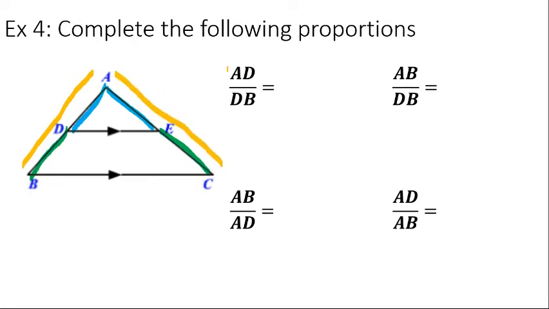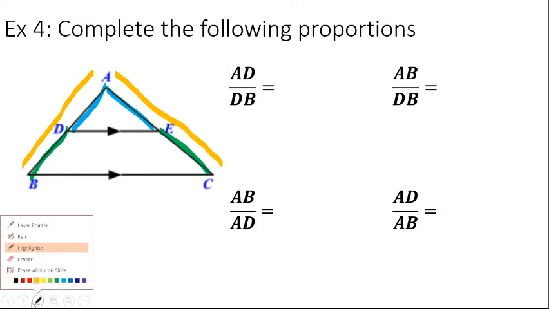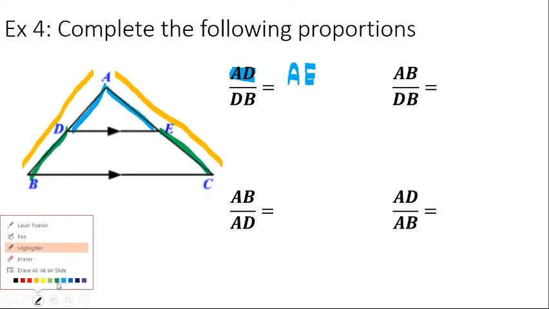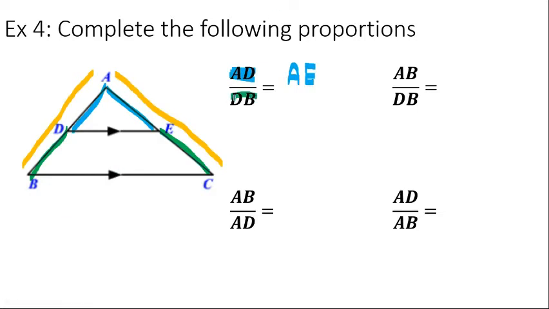So in this case over here, AD is blue. So on this I'm going to put AE. DB is the bottom part. So that means it goes with AC, and I just put all over that. Okay. So on this one, AB is the whole segment, which is AC.